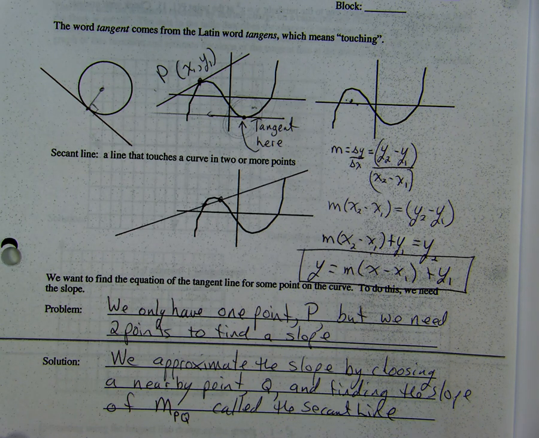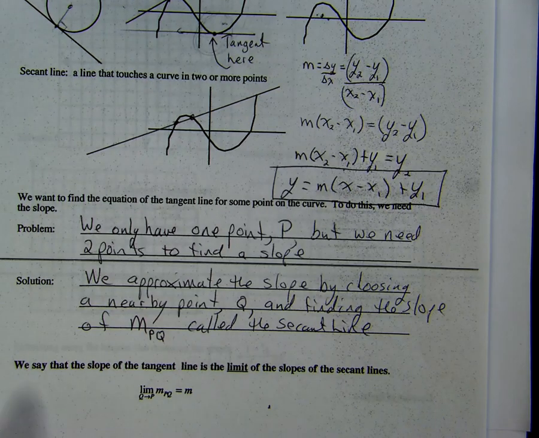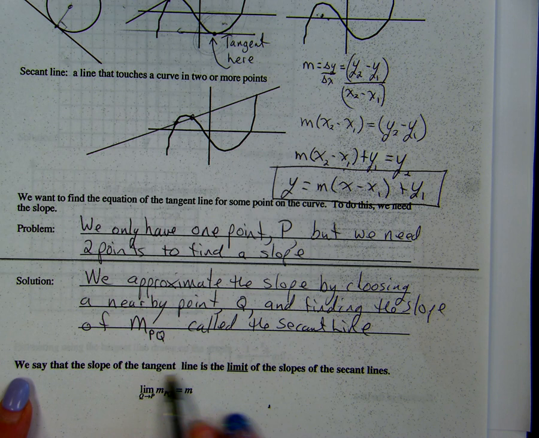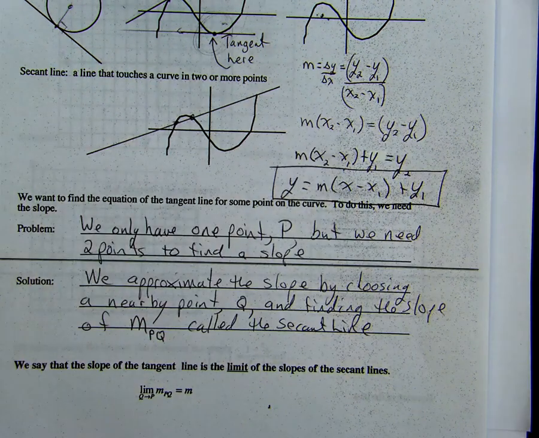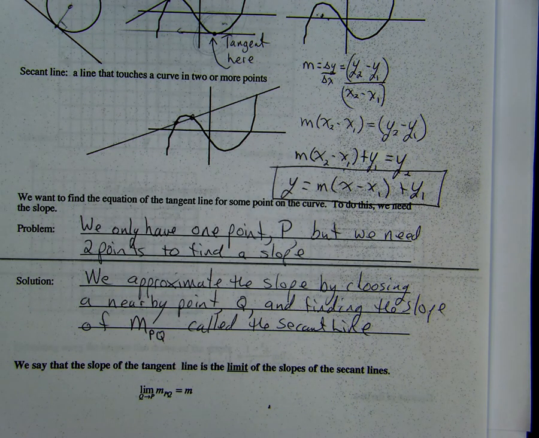Okay, I'll draw you a picture in a minute to help clarify this. Okay, so then this is what we say. We say that the slope of the tangent line is the limit of the slopes of the secant lines. Here's a picture. Could you guys draw this?